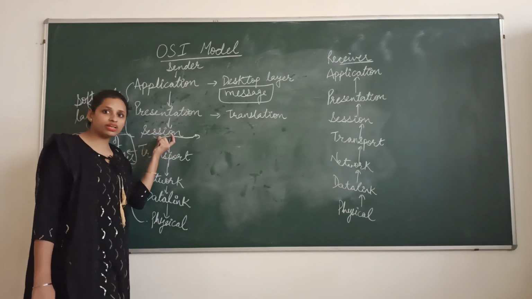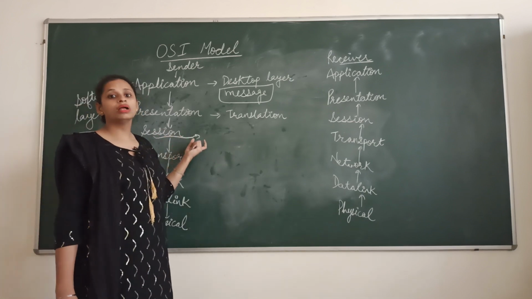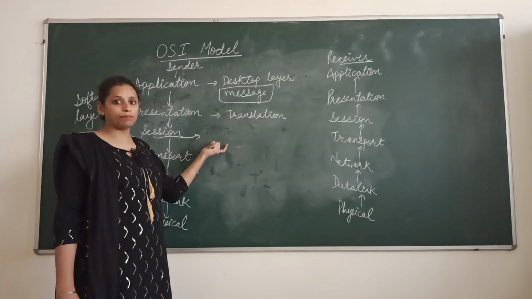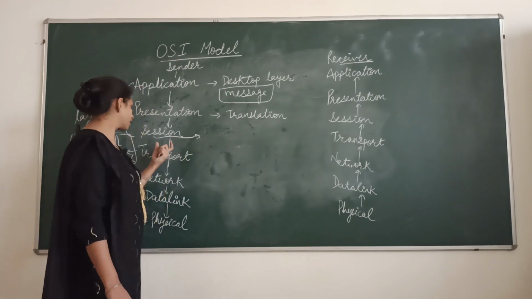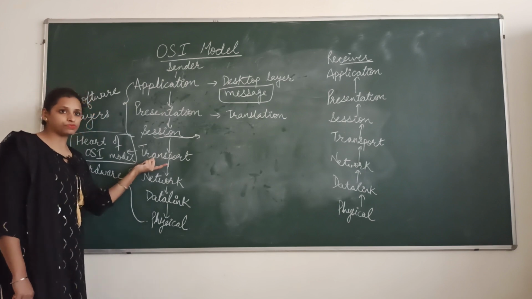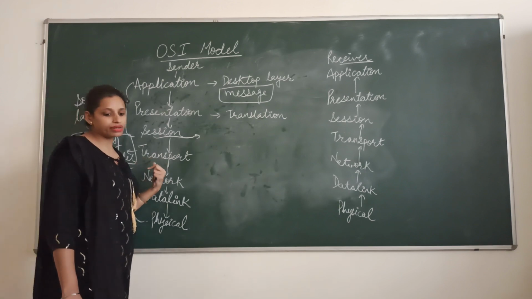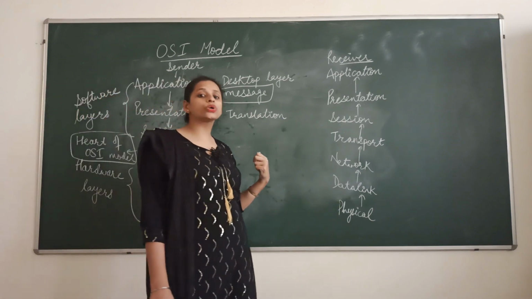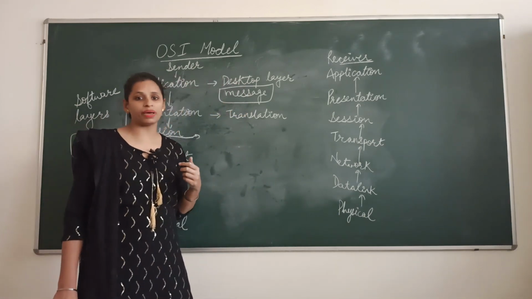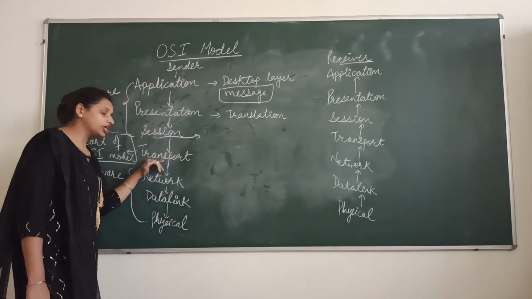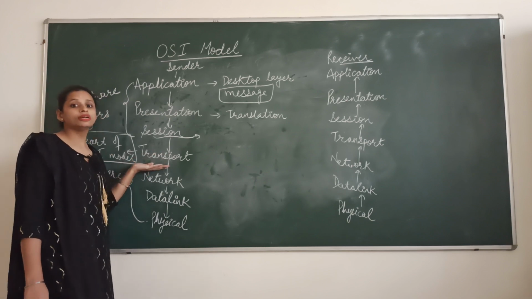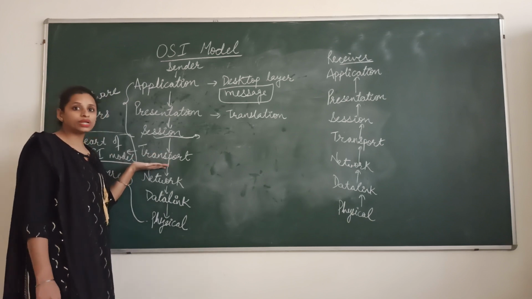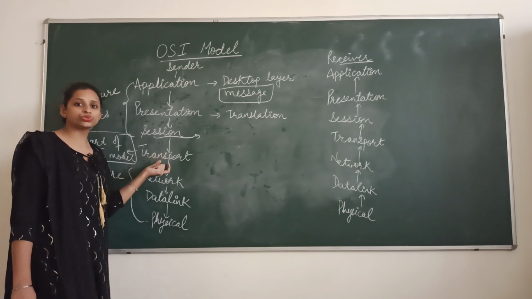Means session layer is responsible for network session establishment for the proper transmission of data. Then transport layer. Transport layer is basically used for end-to-end delivery of complete message. End-to-end delivery of complete message means it is responsible to deliver the complete message to the receiver.